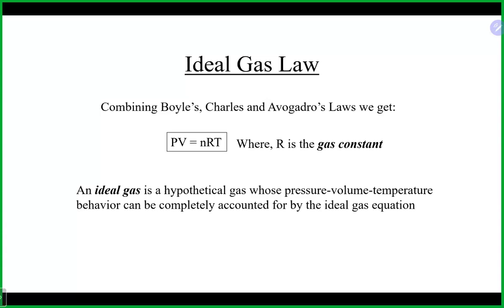But basically, there are two things that make something an ideal gas. One is that the volume of the gas itself is relatively small compared to the volume of the container it's in.